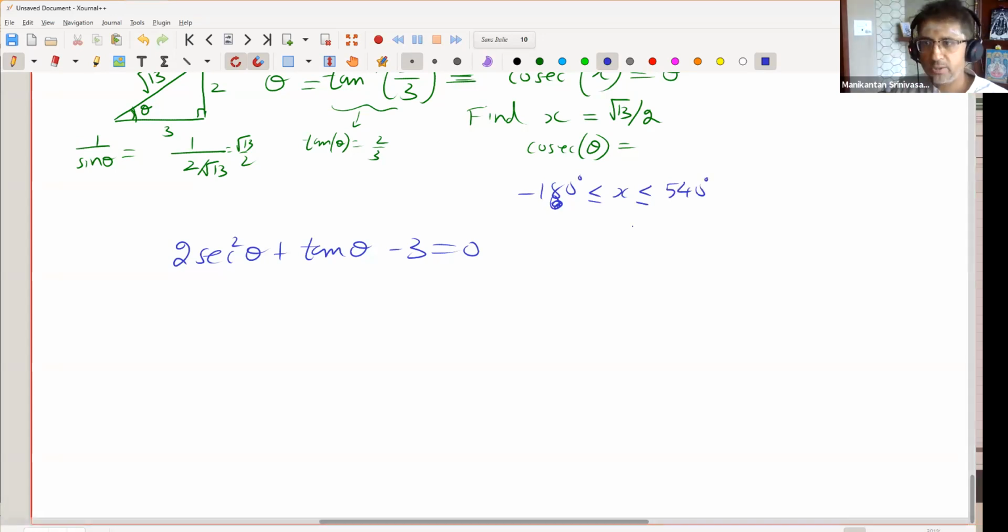Suppose we have to solve for all possible answers. For now, we'll not worry about the full domain, minus 180 to 540. We'll just solve it normally.